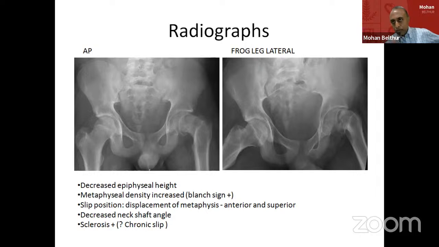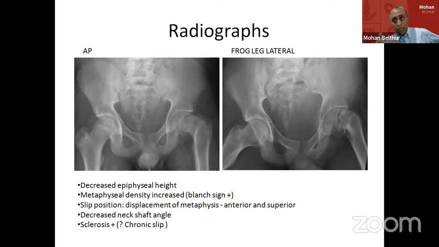Those are the three things that you would require if you choose in situ fixation. I'm not saying it's wrong. It's just that you're further away from the apex of the deformity, so you will have to create a zigzag deformity to correct that.